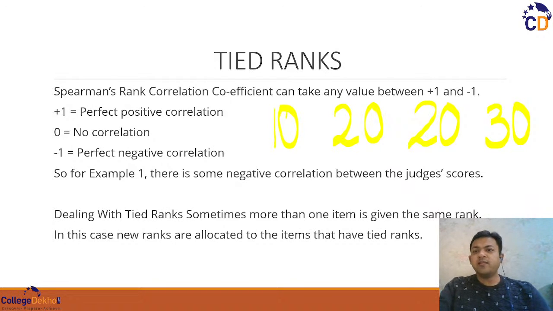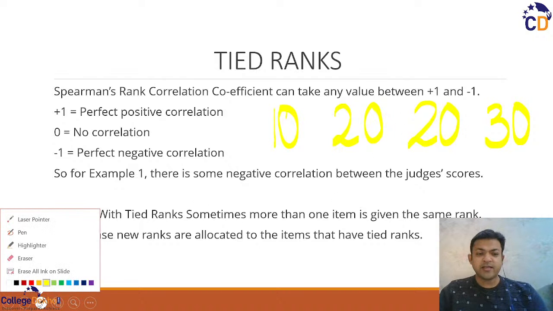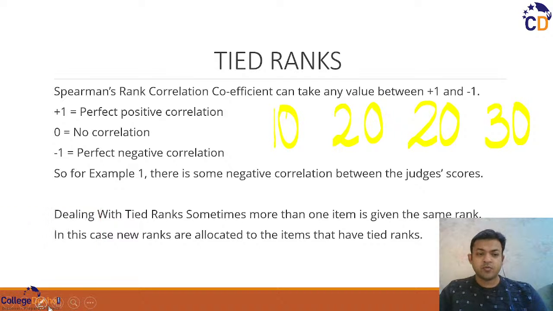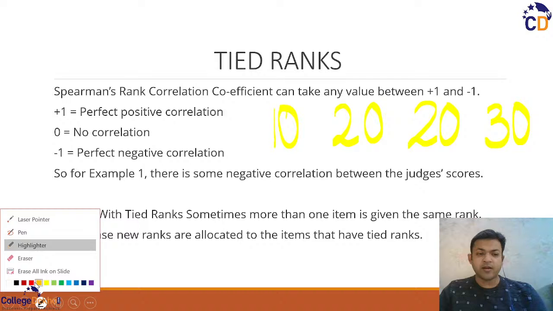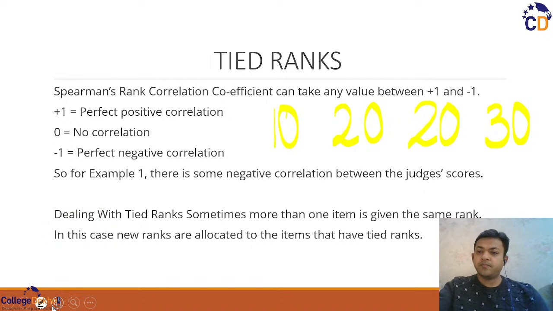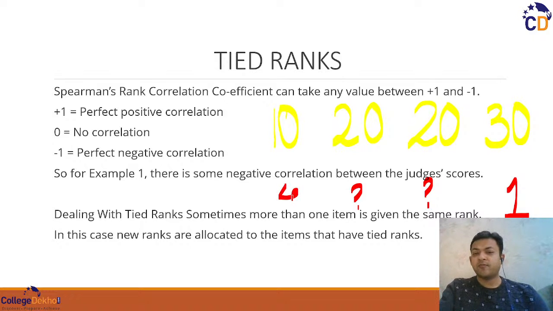When we try to rank these four numbers, it is quite obvious that the number 30, which is the largest, has to be ranked 1. That part is quite obvious. But what about 20? Another thing is quite sure, that 10 has to be ranked 4.